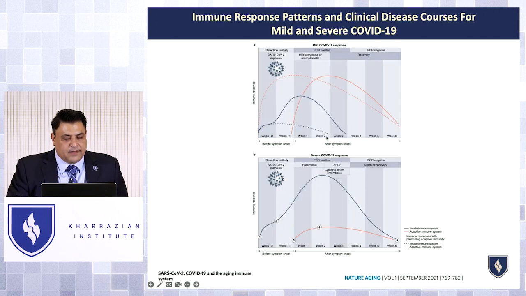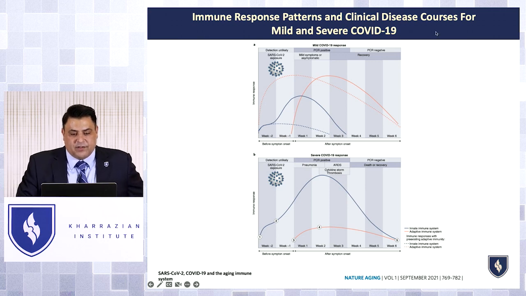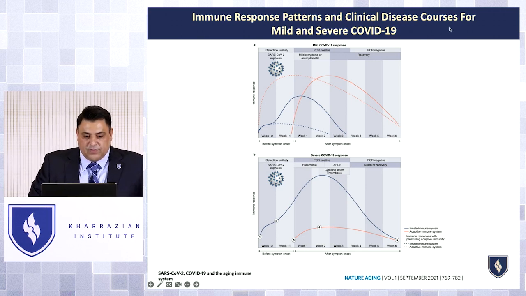And you can see here where they looked at immune response patterns with clinically diagnosable mild and severe COVID issues. And they saw a direct relationship between people that were able to recover and not recover, and people that had mild symptoms and not mild symptoms, by the efficiency of their immune responsiveness. And those that have immune senescence weren't able to respond and deal with the infection as well.